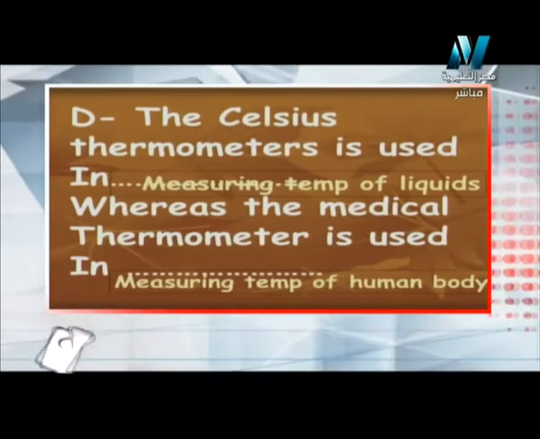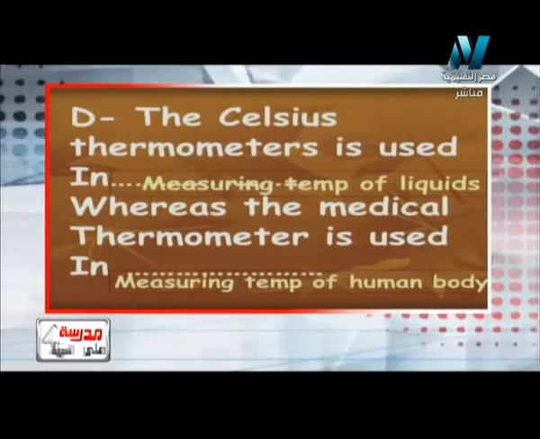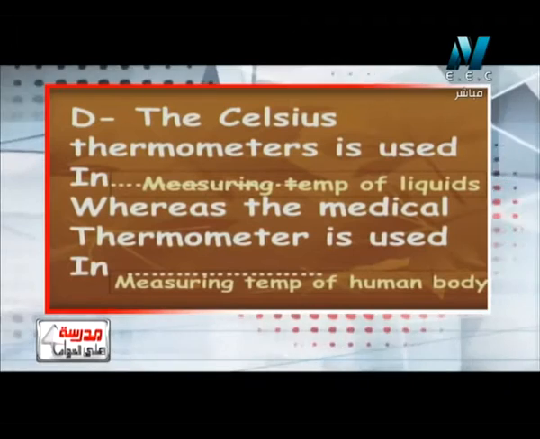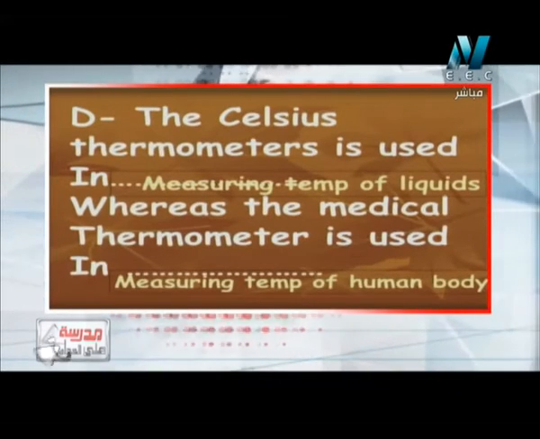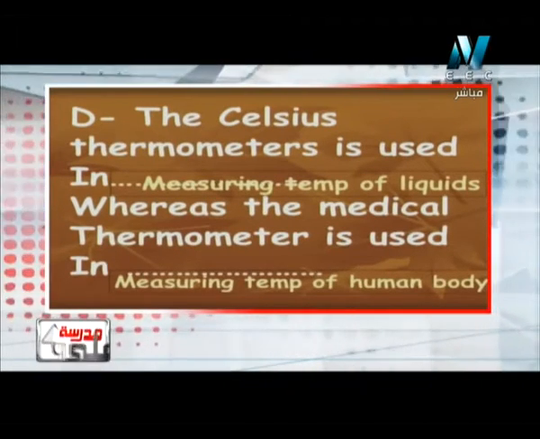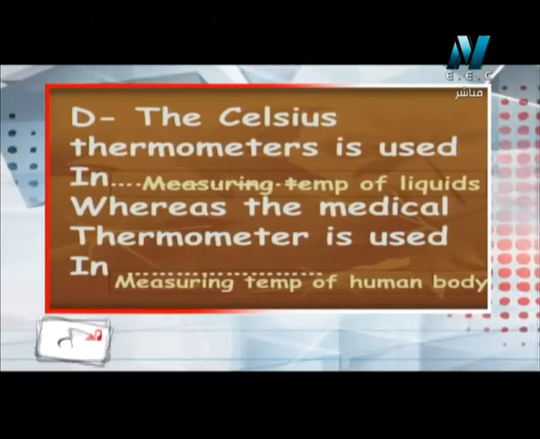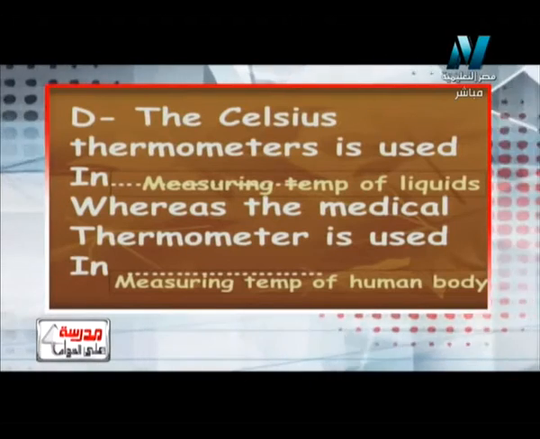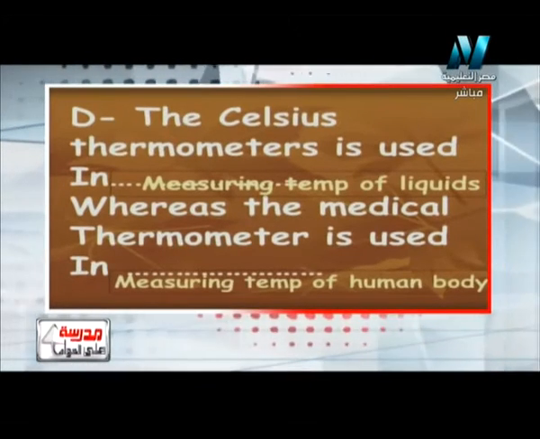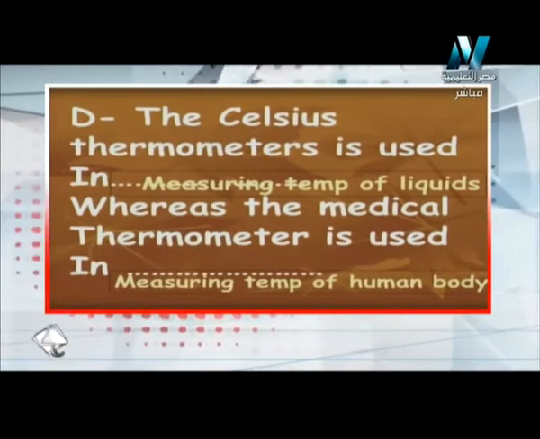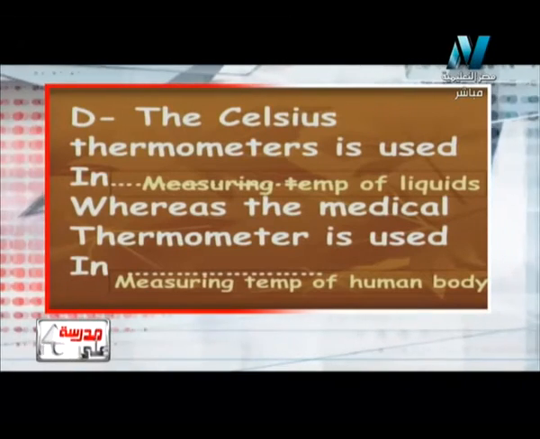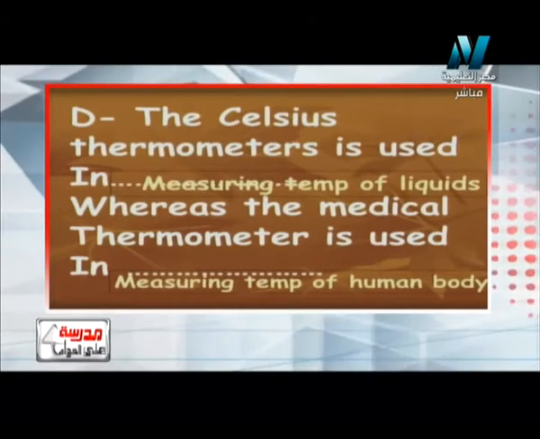We must write measuring temperature of liquids or measuring temperature of the human body. When it talks about the Celsius thermometer, I must write measuring temperature of liquids, and for the medical thermometer, I must write measuring temperature of the human body, not measuring the human body only.